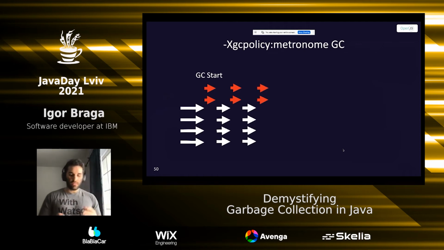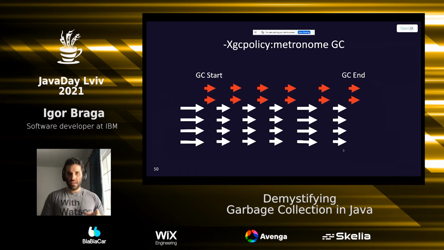That's pretty much what Metronome does. It does a little bit of work at the beginning, then lets the application run, does a little bit more work, lets the application run, a little bit more work. So it does small increments of GC work so that the application can have that 70% chunk of that 10 millisecond window.